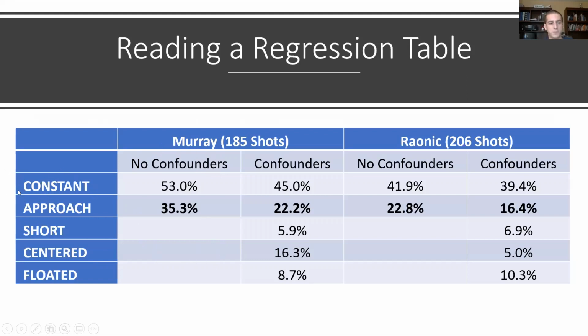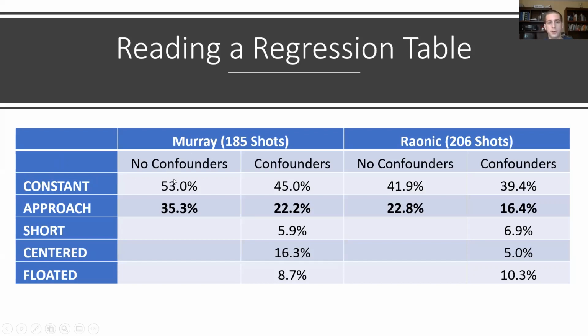The definition of constant, I'm going to say this a couple times, is a player's win probability when none of the other variables in the regression are true. Constant is the player's win probability when none of the other variables that are in the regression are true.